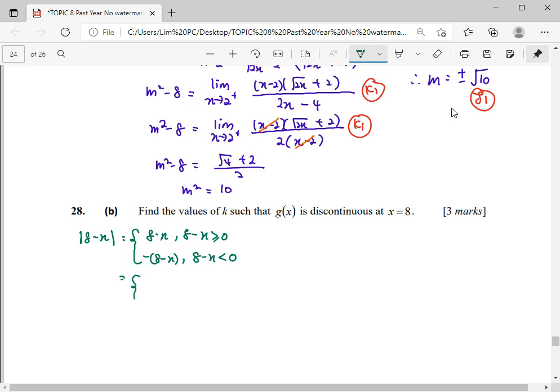So we have to choose the correct function in the interval. Simplify the domain here: we move the 8 to the right hand side, and then simplify some more. Divide by negative, so the inequality sign is changed.